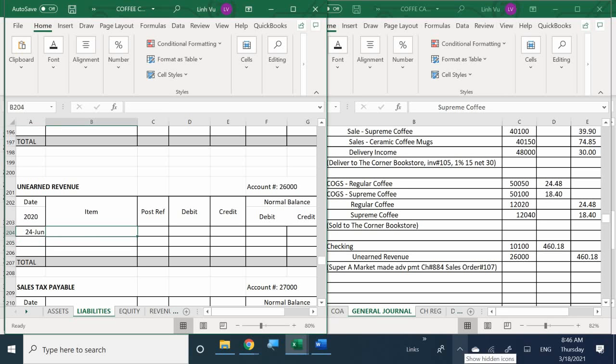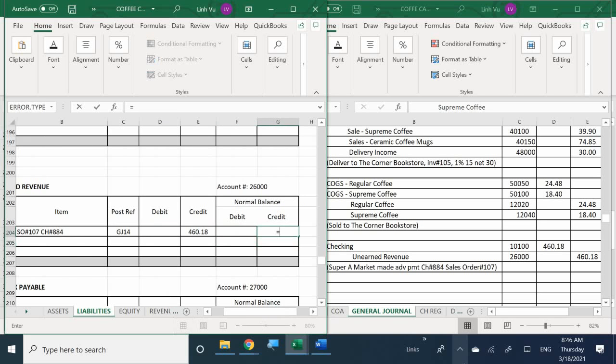You could write sales order number 107, check number 884. Post reference general journal number 14. And we're going to credit the account by 460.18. So therefore, we should have a credit balance of 460.18. Okay?